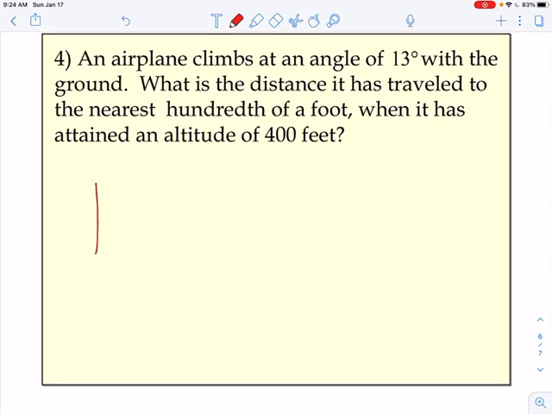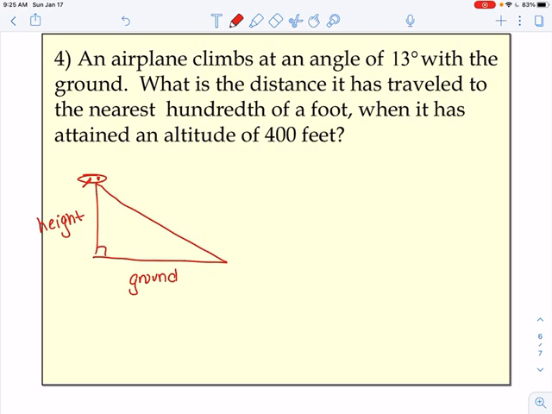So if you want, you can even just start with the right triangle. Okay, and again, this is going to be your ground right here. Altitude is always perpendicular, so this is going to be your height. Okay, and here is your plane. Kind of looks like a shark in the sky, but there's your plane.